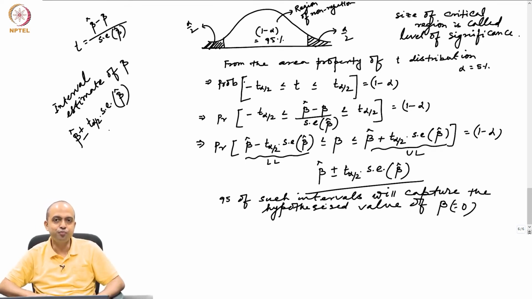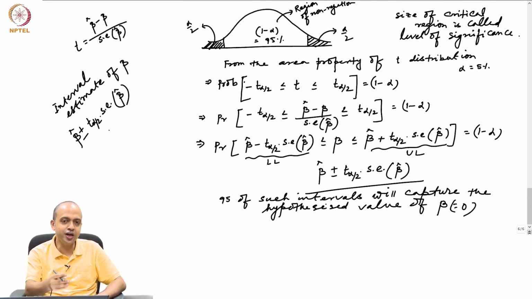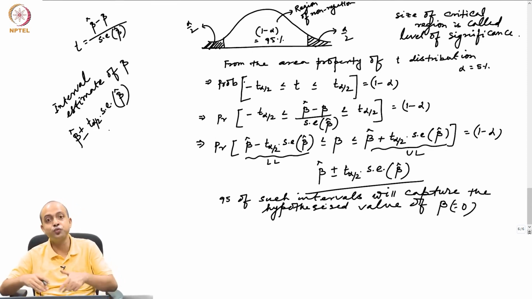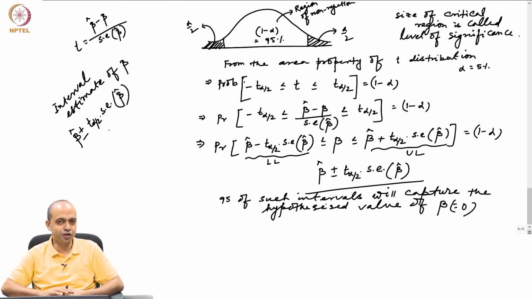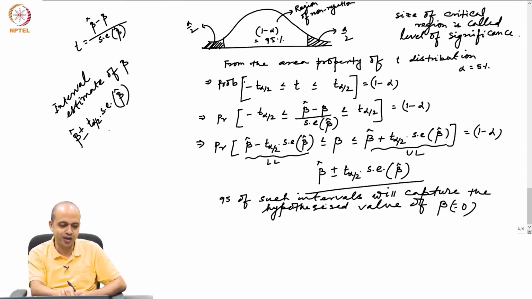The lower the value of the standard error, the more preciseness you will have in your decision making. So, this is an alternative to the point estimate which is more reliable, because I can represent a value of the true population parameter by an interval rather than by only one point given by the point estimate beta hat.